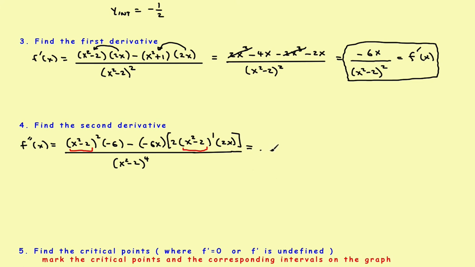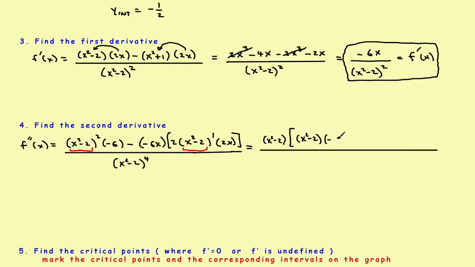I'm going to go from here, and I'll go ahead and write this whole thing out again. It'll be something about like that. So first of all, since both those have an x squared minus 2, I'm going to go ahead and factor out an x squared minus 2. Then what would be left over would be this. Now here I had x squared minus 2 squared. When I factor out 1, I'll just be left with a single x squared minus 2.